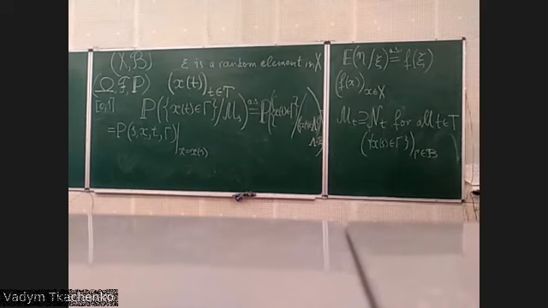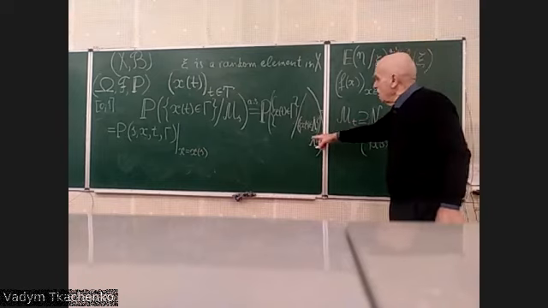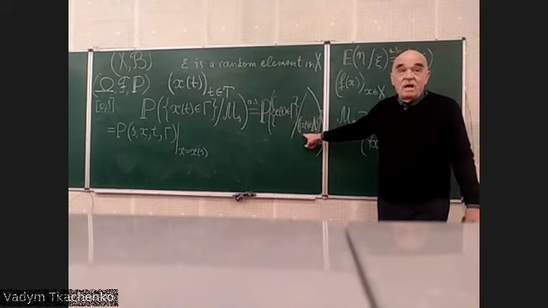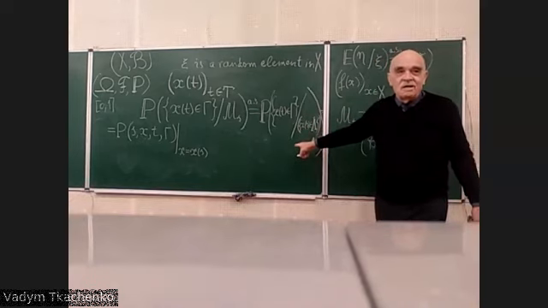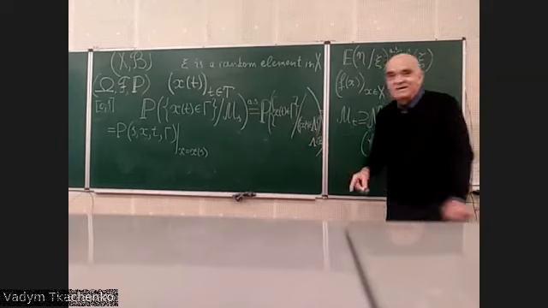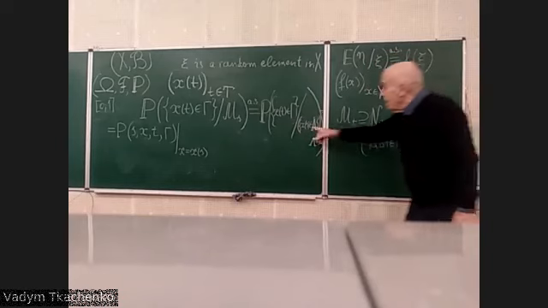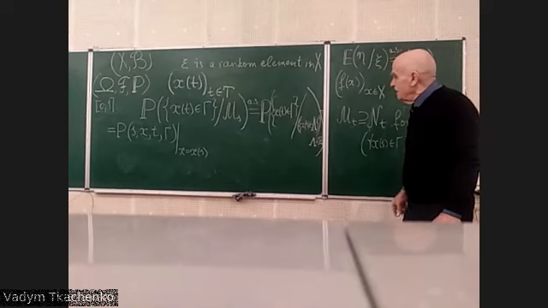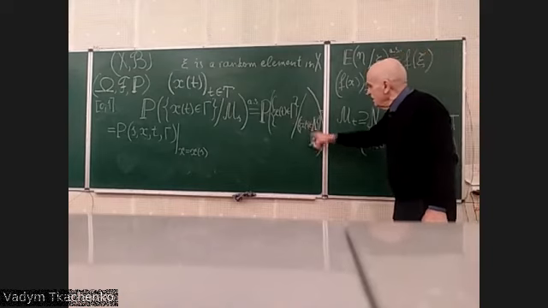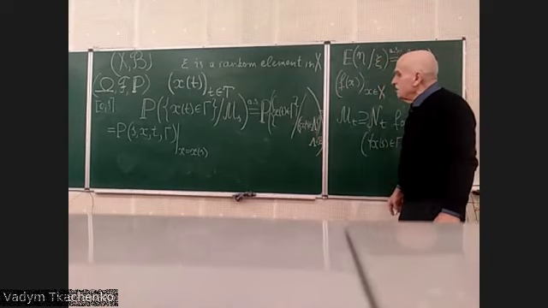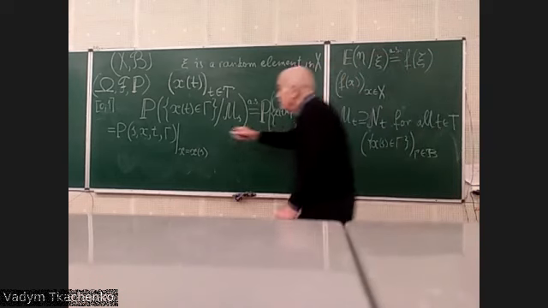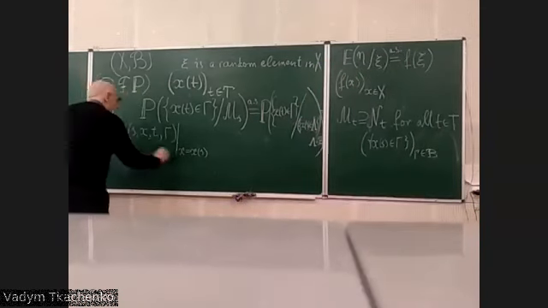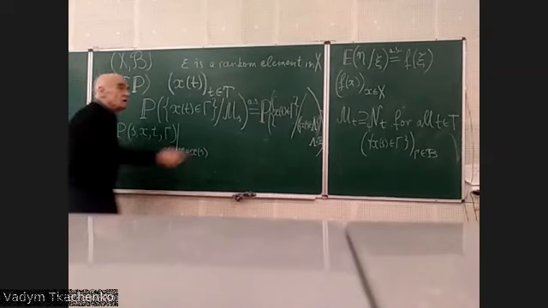Maybe the question was that we will denote these conditional probabilities with respect to the sigma algebra generated by x of s, you may write x of s here. So this is a shortcut for this conditional probability. This function is f.